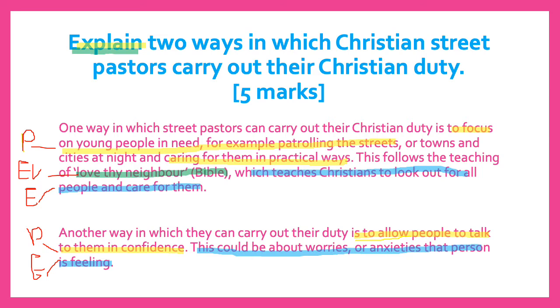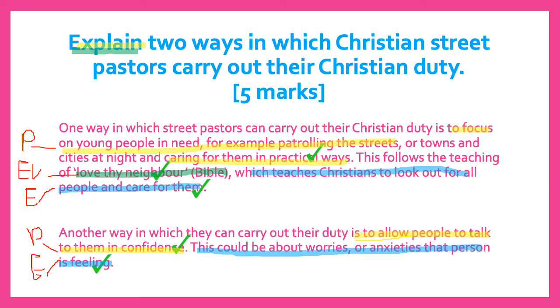So again, looking at it from an examiner's point of view, I'm going to be thinking to myself, there's my first tick for my point, my second tick for my evidence, third tick for the explanation of that evidence. Then they've got their fourth tick for their second point and their fifth tick for the explanation of that second point.